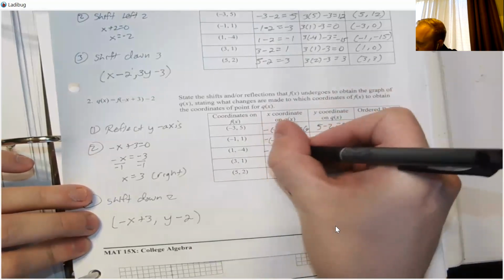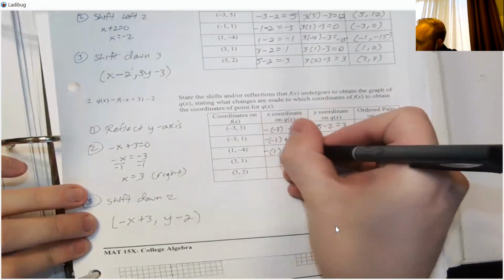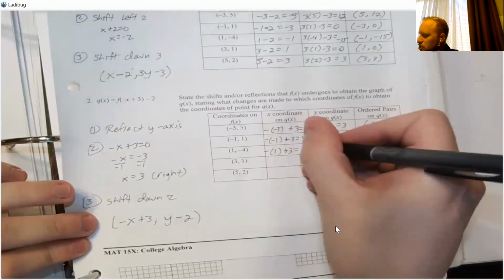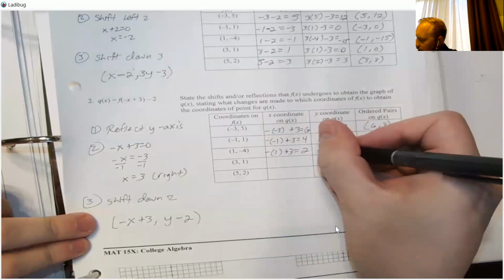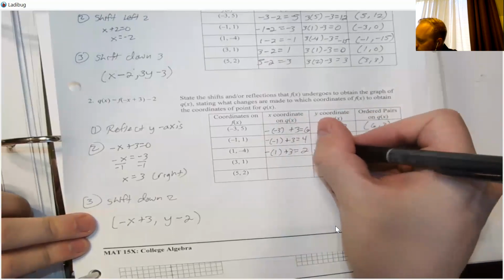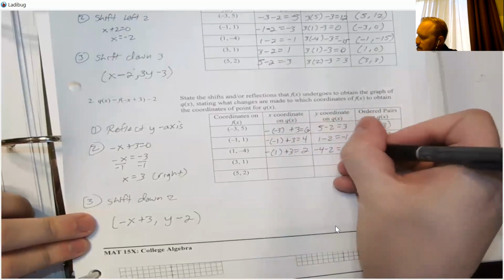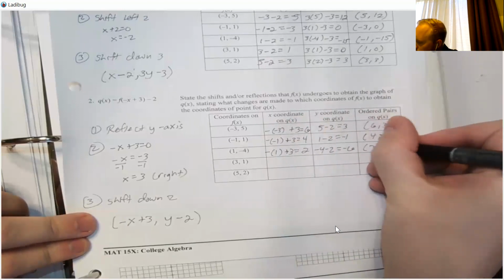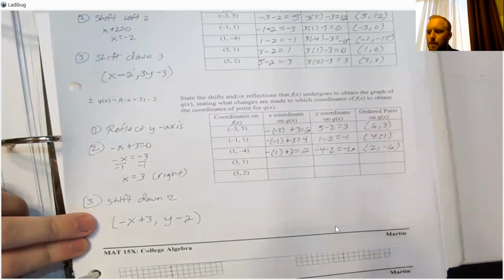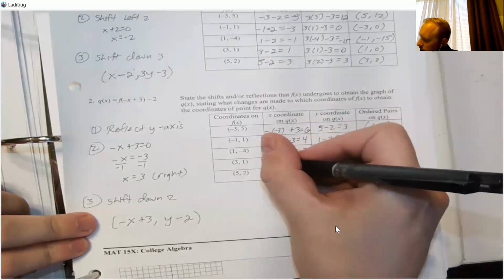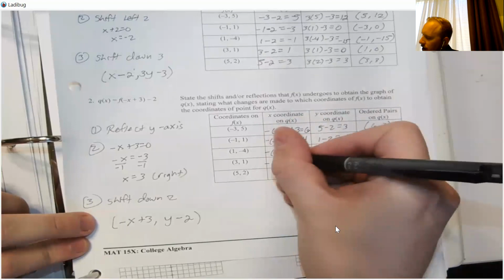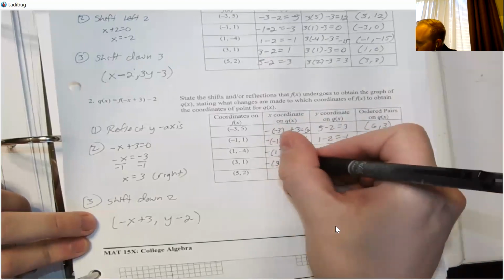Okay. Our next point, we're going to take a negative times +1, plus 3. Well, that's 3 minus 1, which is 2. And then our y value is -4 minus 2, which is -6. So our point would be 2, -6. Then we have our x value of 3, but there's a negative, plus the 3.